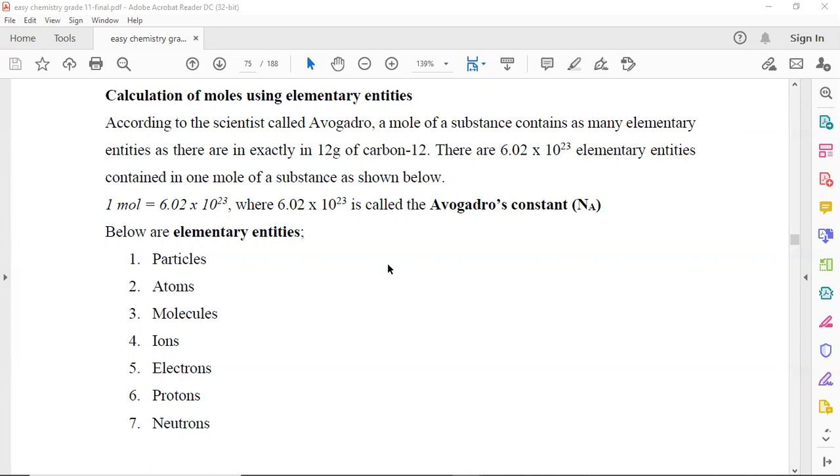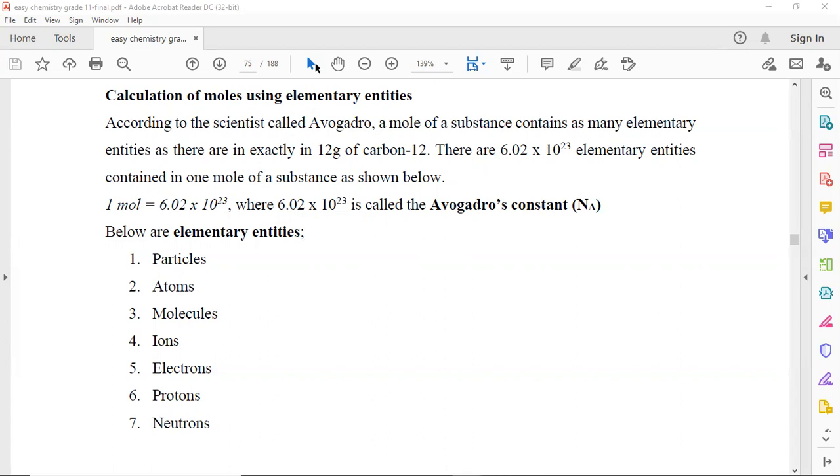This simply means that one mole of an element or one mole of an atom contains 6.02 times 10 to the power 23 of these elementary entities. And the number 6.02 times 10 to the power 23 is known as the Avogadro's constant.